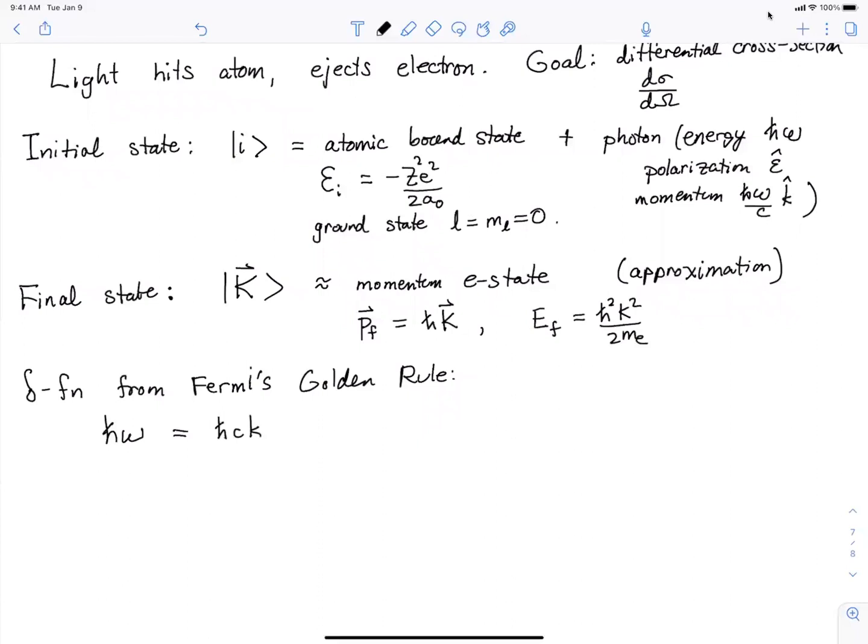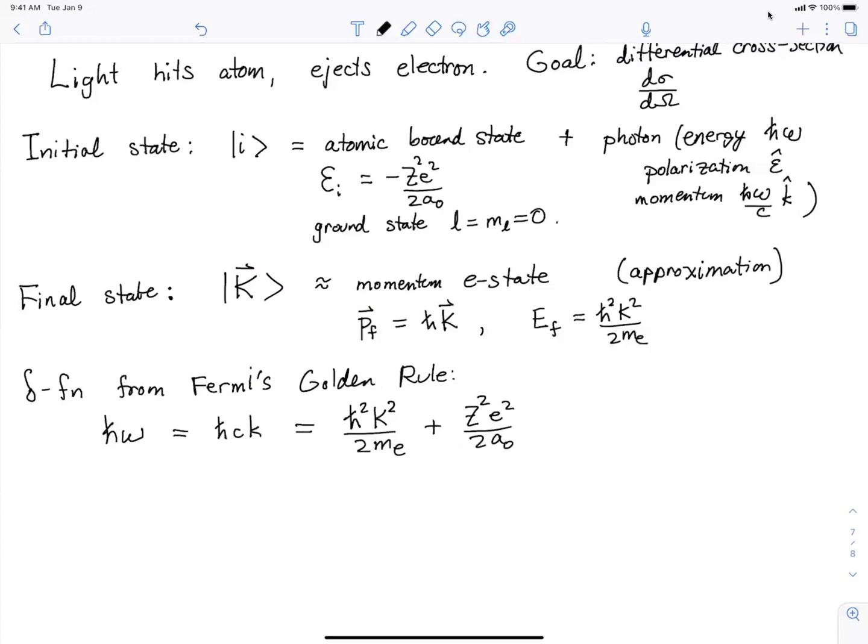Little k is for the photon, big K is for the electron. That energy has to match up with the final state kinetic energy of this plane wave, plus the energy that came from the bound state. So Z squared e squared over 2 Bohr radius. Okay, so that has to be true.